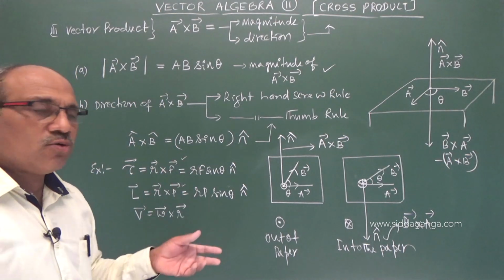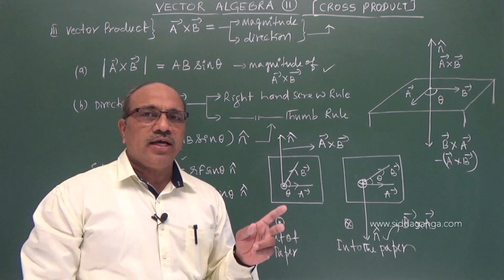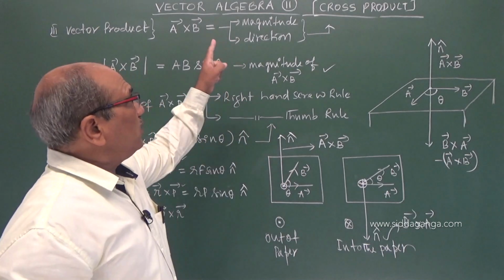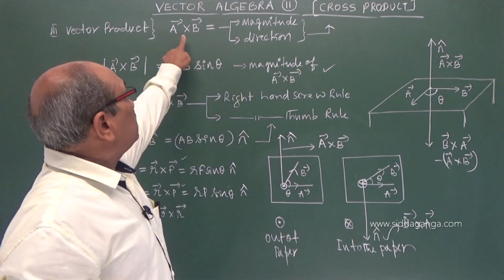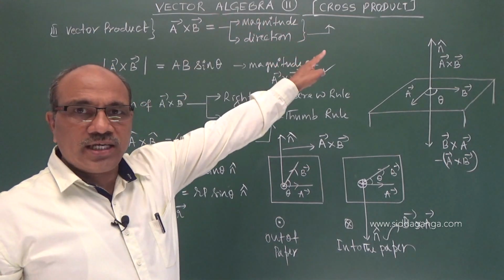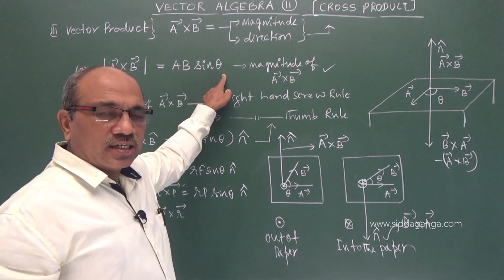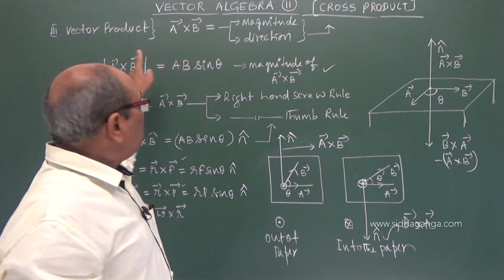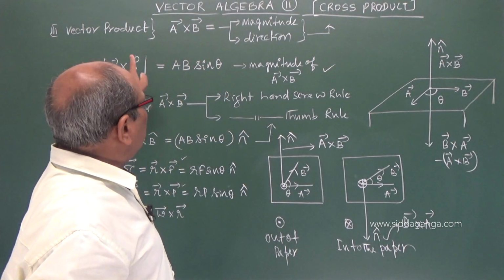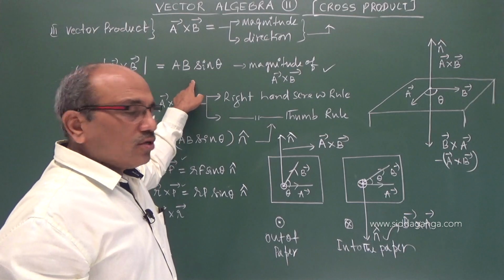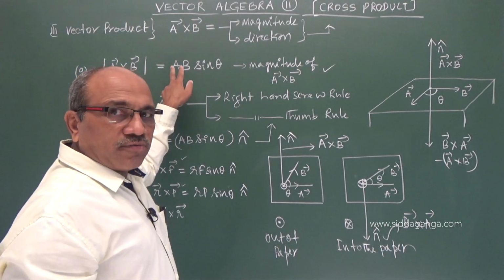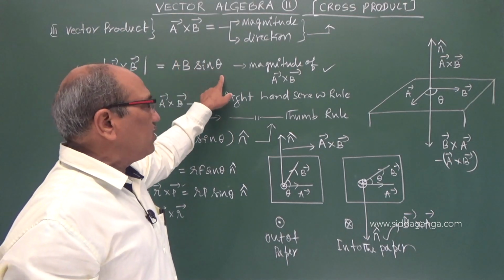Now I hope you have followed. Vector product has both magnitude and direction, represented with a cross, hence it is called a cross product. Magnitude is given by AB sin theta. The definition is: the magnitude of the cross product of two vectors is equal to the magnitude of the product of the two vectors into the sine of the angle between them.